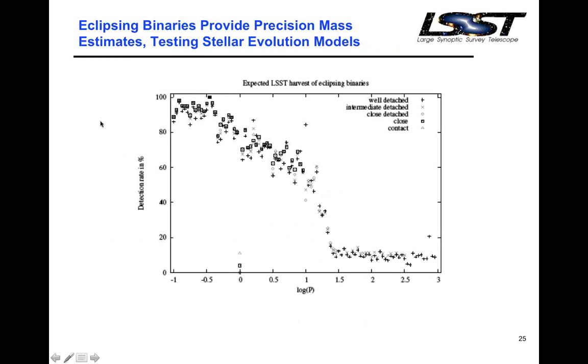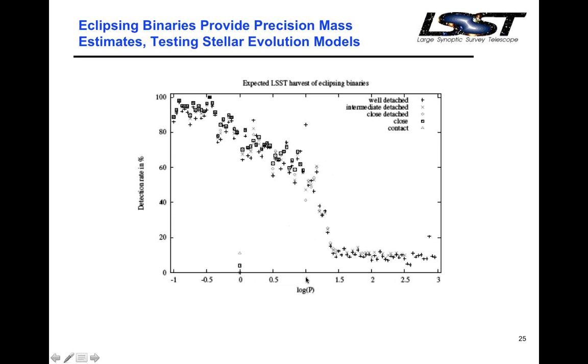In terms of getting precision mass estimates for testing stellar evolution models, one of the primary techniques will be to use eclipsing binaries. So this plot shows the probability of us detecting and measuring the period of an eclipsing binary as a function of its period.